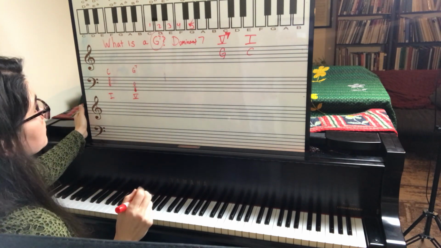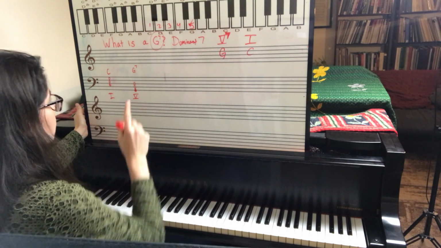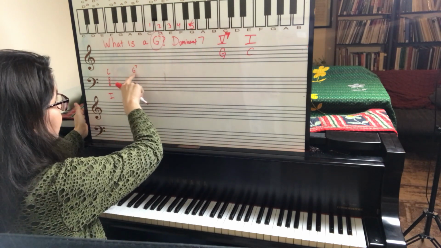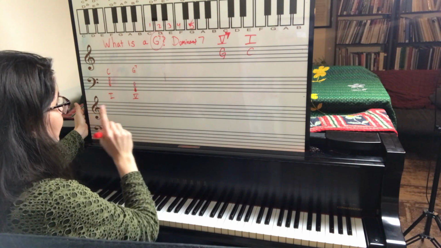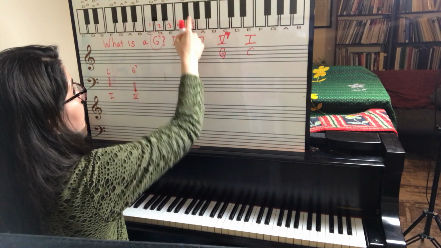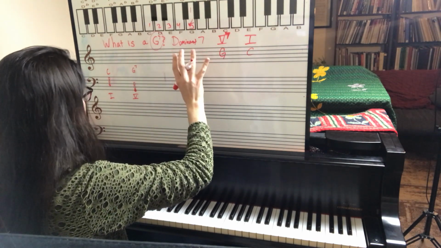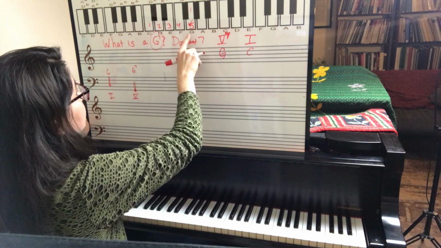A lot of people make the mistake of saying, well, I can just count 7 up from C. Not the case. When a 7 is attached to any letter, we are counting 7 above that letter. Here's the name of our chord, G. I'm going to put a number 1 up here. I'm still in the key of C, but I'm just talking about the number of the chord.